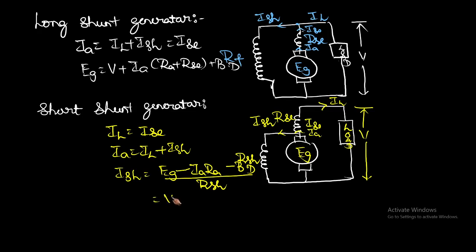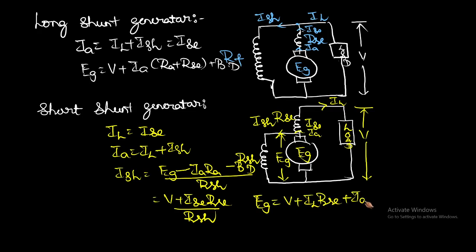It is V plus ISE RSE, divided by RSH, because the EMF generated is present only across this. So the equation has the armature resistance drop and brush drop subtracted, divided by RSH, and V plus ISE RSE. Finally, the EMF generated equals V plus IL RSE plus IARA plus brush drop.